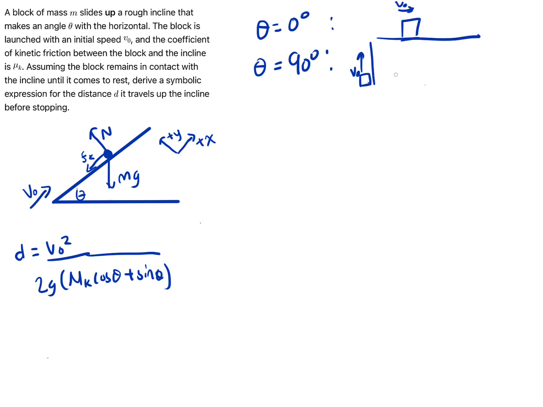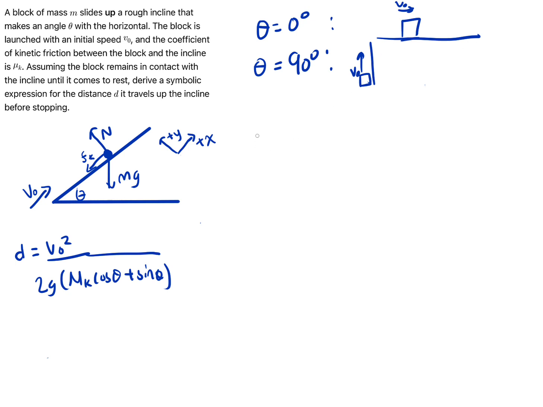And so in these special cases, the motion simplifies, and it's much easier to check if your answer actually aligns with your intuition. So let's start by calculating what d would be for this scenario, where we assume that theta is 0 degrees and it's just traveling in a straight line.